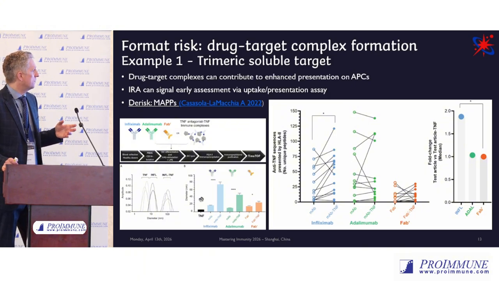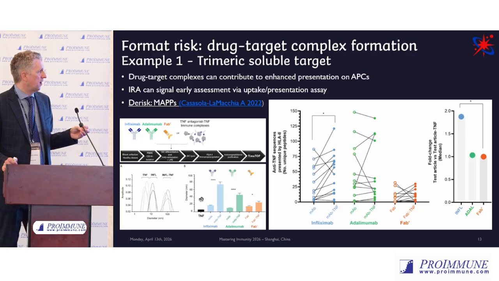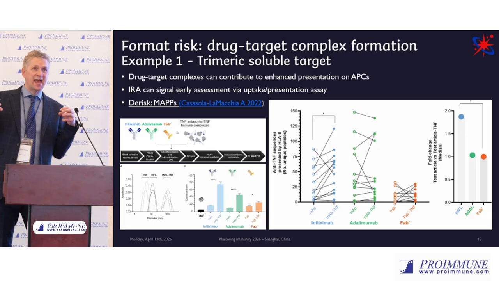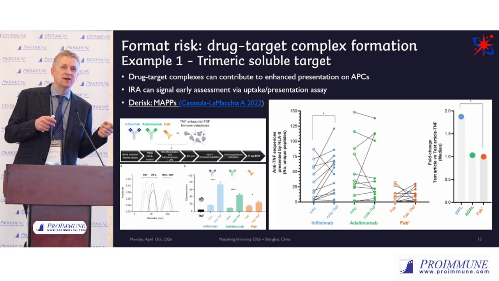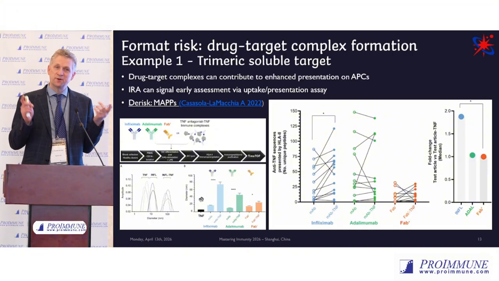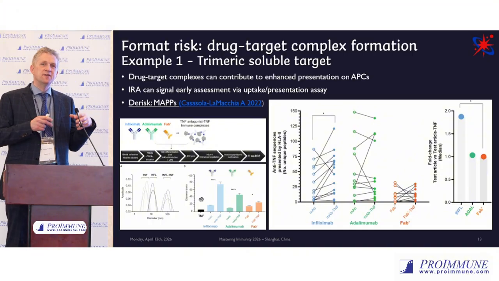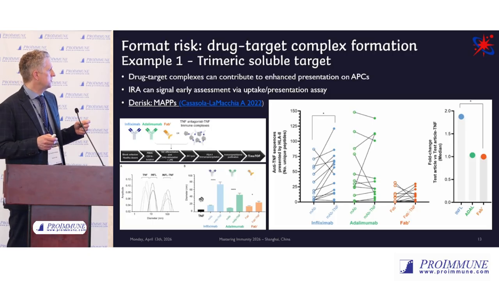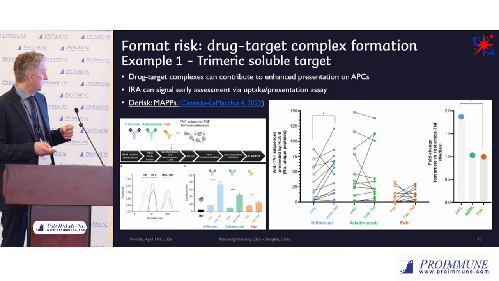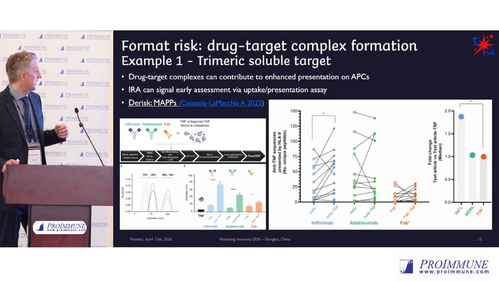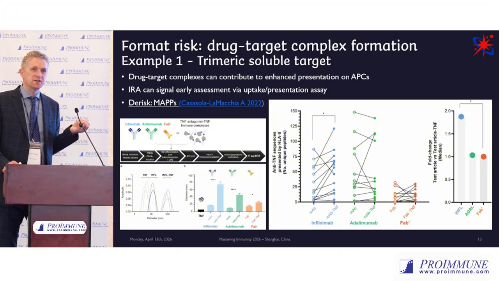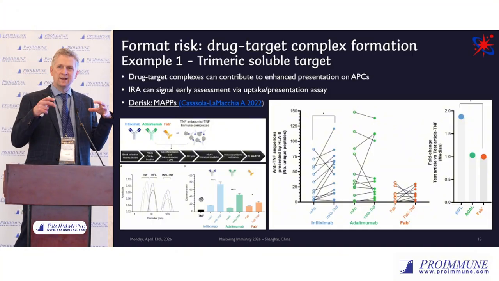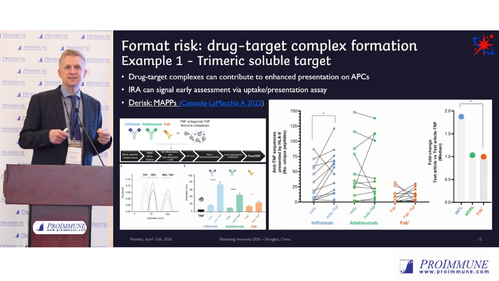What's been observed with these is, because TNF, the target, is trimeric, and the drugs as monoclonal antibodies have their two binding sites, you can get these complexes formed. And we were able to demonstrate with a ProPresent style assay the additional presentation of peptides when the target was included in that assay.